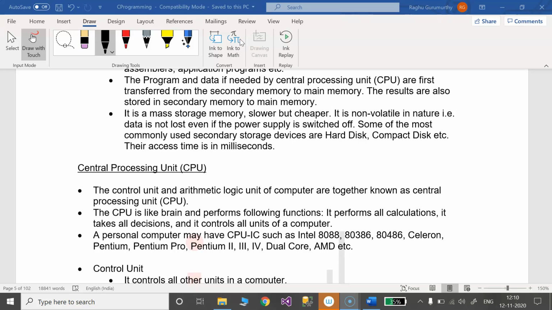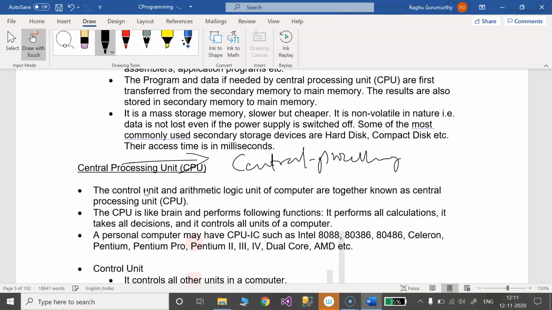See, the name itself is telling: central processing unit. Central means it lies in the center of input and output as well as processing. I mean to say this central processing unit is responsible for processing. What is it going to process?